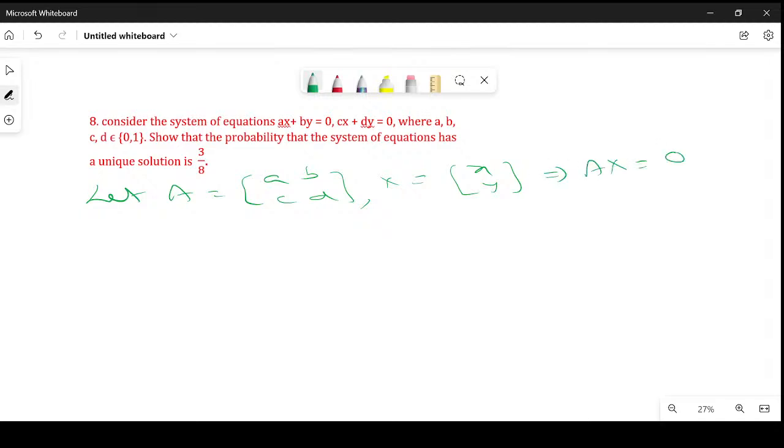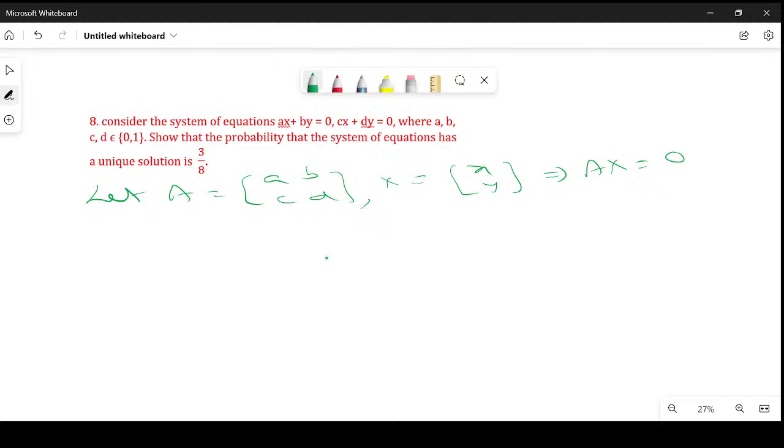These are homogeneous equations. So Ax is equal to 0 matrix, where A is this and x is this. We have taken it like this.